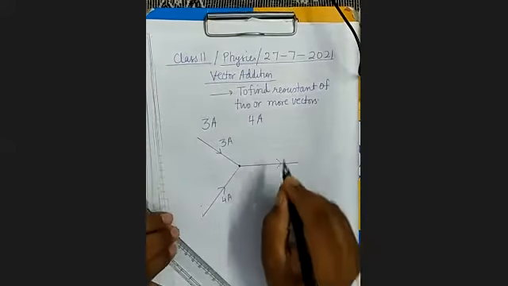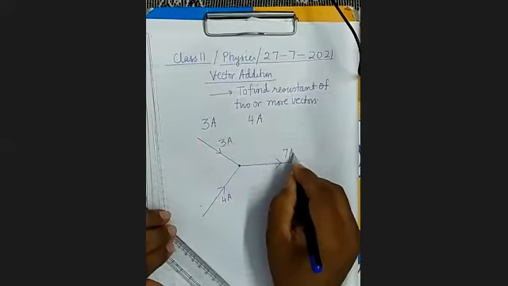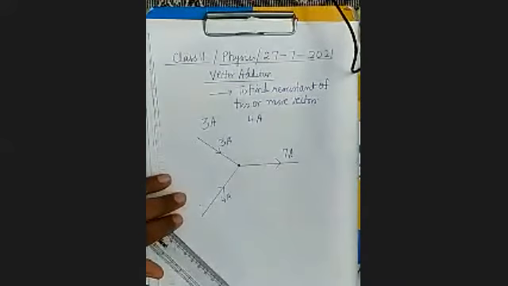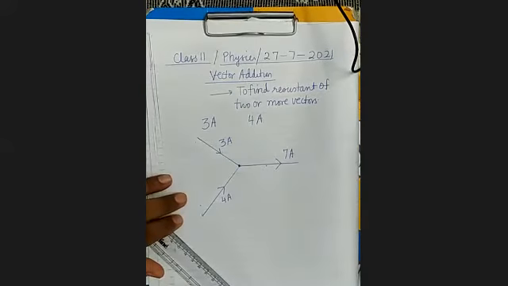What will be the current here? Here it will be 7 ampere. Current will be 7 ampere. It's clear.